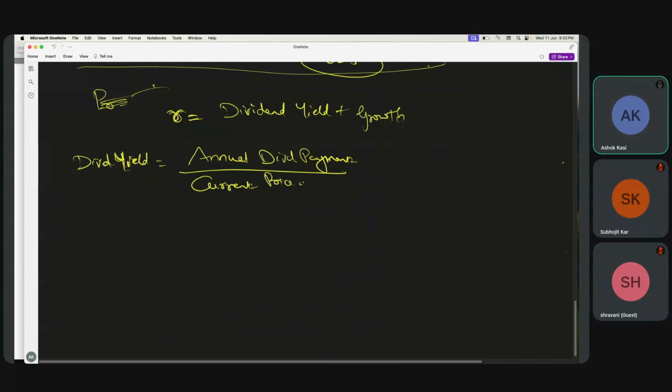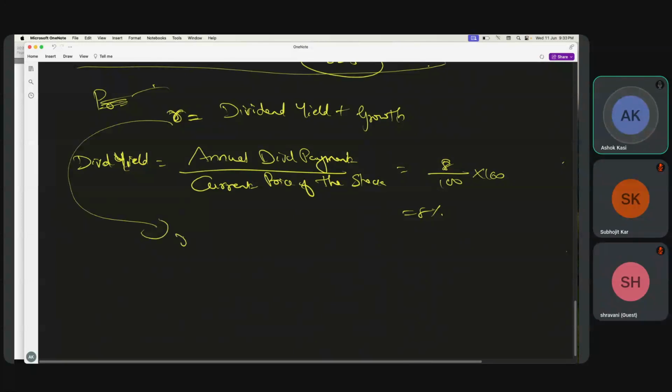Imagine the annual dividend you are getting is 8 rupees and the current price of the stock is 100 rupees. So you are getting 8% as dividend.